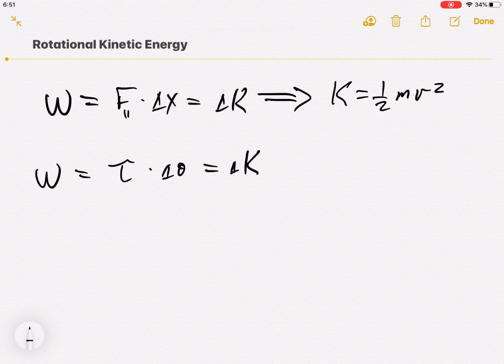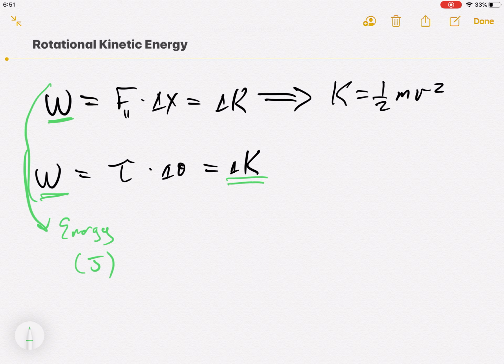Now look, that work is not qualified as angular work and linear work. These are both energies, and they both have units of joules.